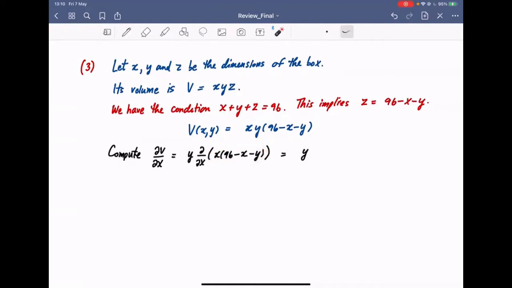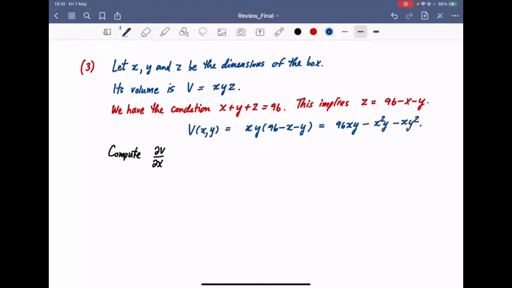Well, if you don't want to do that, you can make the problem a lot easier by expanding first. You can expand this to 96xy minus x squared y, and then minus xy squared.